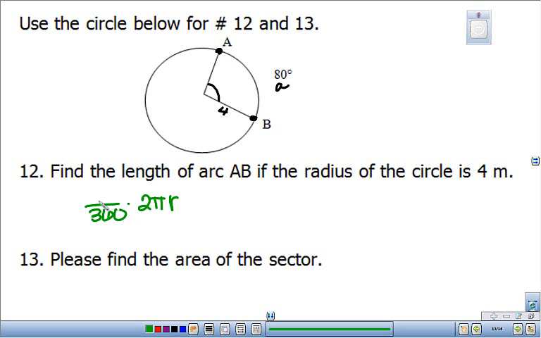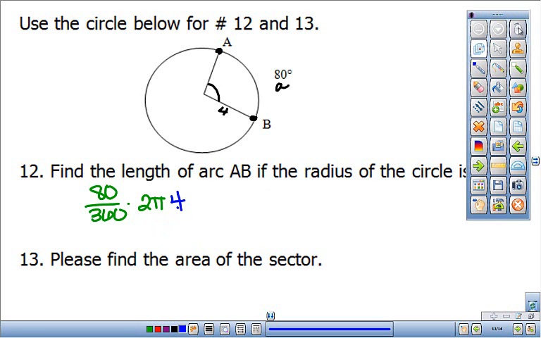Our portion is 80. Okay, so we take 80 over 360 and multiply that by 2 pi, and our radius, we can plug in a 4. Now, if you're asked to leave your answer in terms of pi, then you would just write your answer with pi.